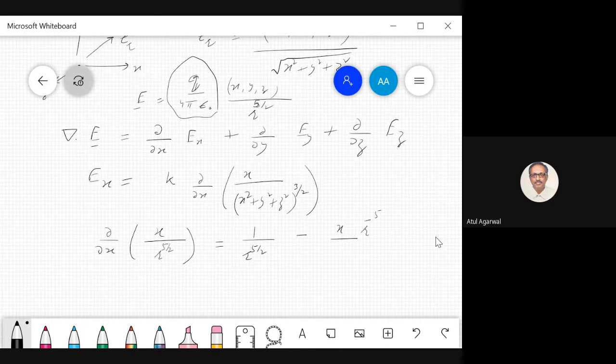That is r to the minus 5 by 2 minus 1. Then you multiply with del r by del x, and this becomes r to the minus 7 by 2.